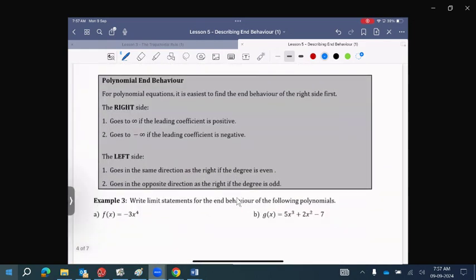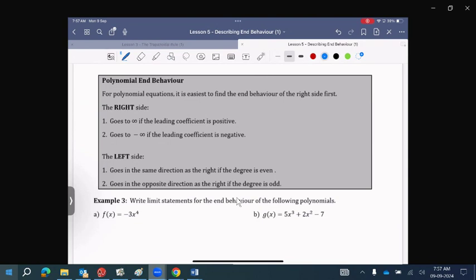Okay, so polynomial end behavior. For a polynomial equation, it's easiest to find the end behavior at the right side first. So if you're looking at an expression, if the right side has a positive lead coefficient, then it's going to go up towards positive infinity.